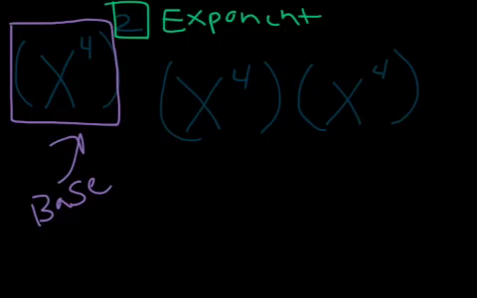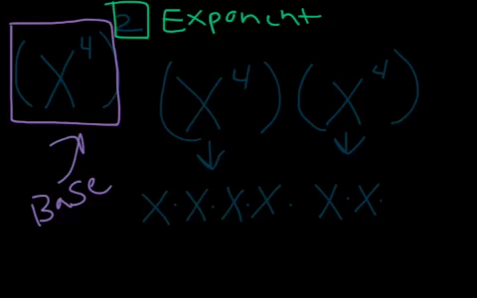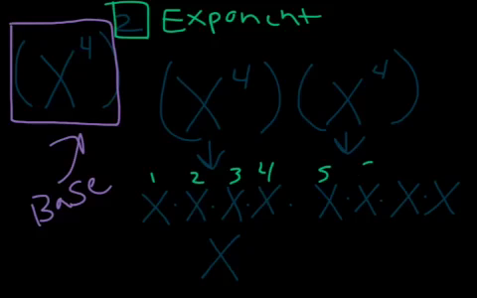But as we've seen with the product rule, each of these can be written as x to the fourth times x to the fourth. And now our base is x, and our exponent is 1, 2, 3, 4, 5, 6, 7, 8, our 8, because we are multiplying our base 8 times.